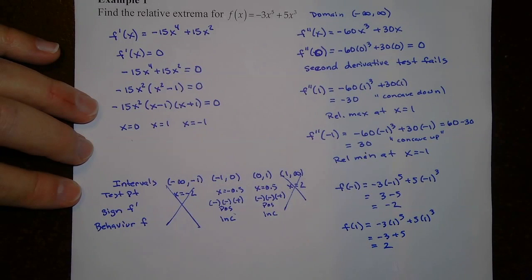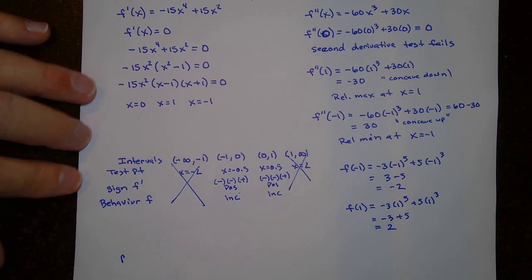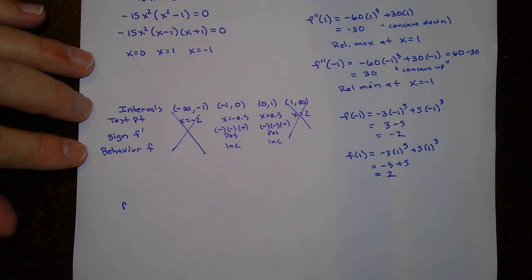So here's our justification. This is how you have to write it up if you're going to use a second derivative test.